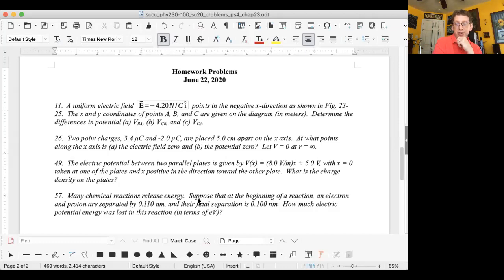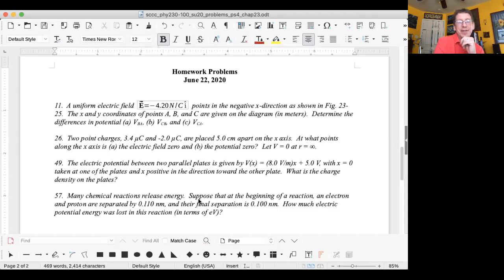What is the charge density on the plates? Given the voltage, you're going to need to figure out the electric field between the plates. And once you know the electric field, you should be able to figure out the charge density.